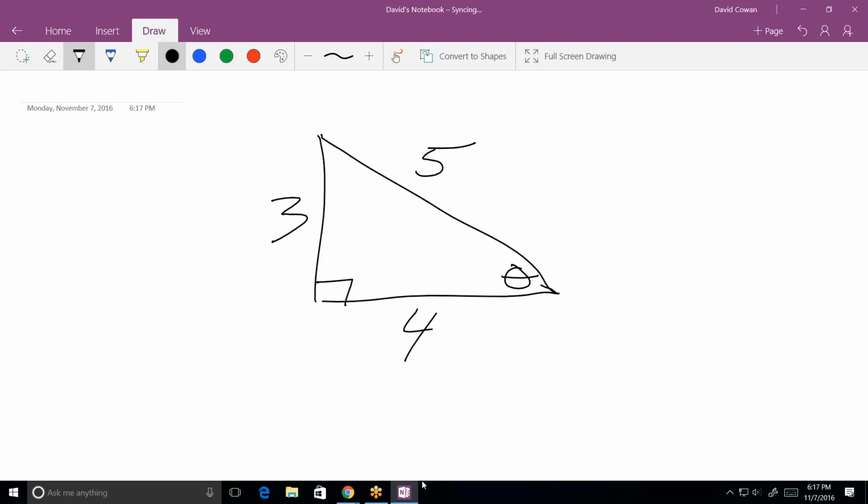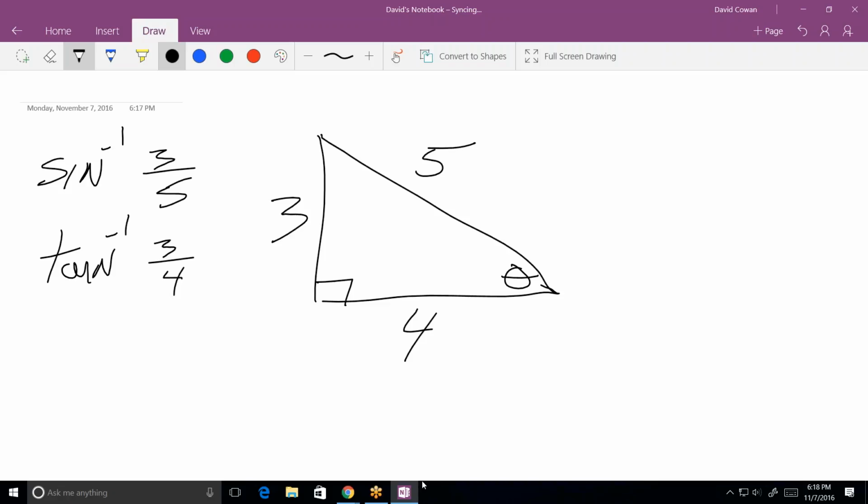But nobody cares what that angle is. But if you had to figure out that angle, what would it be as a trig function? Would it be the inverse sine of 3 over 5? Exactly. Or the inverse tan of 3 over 4.